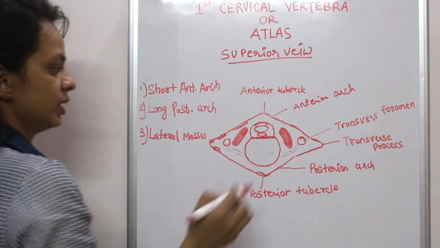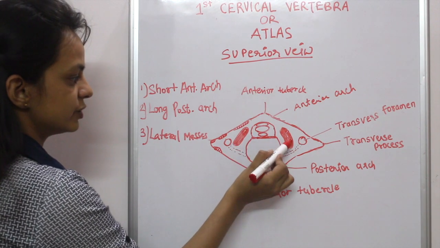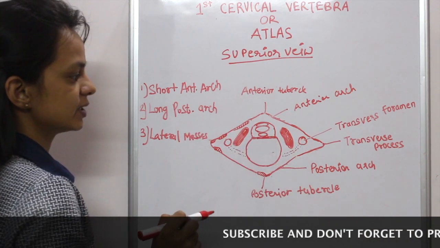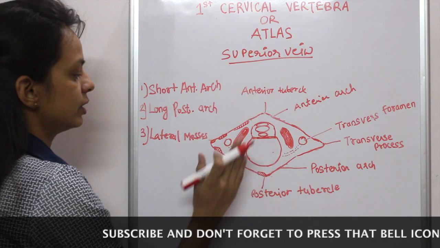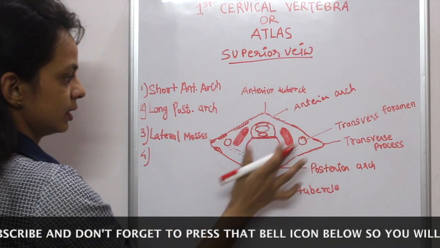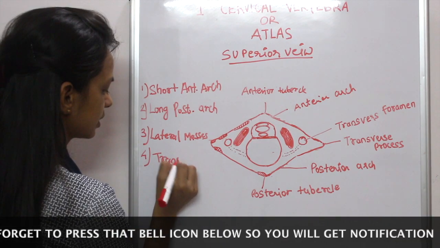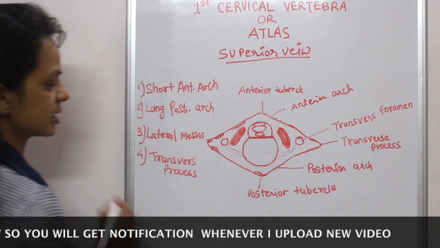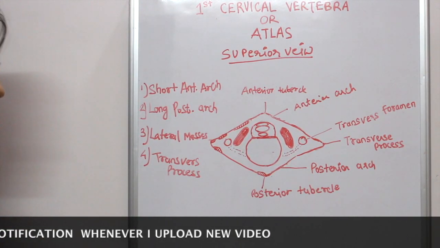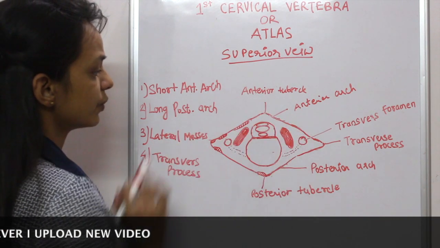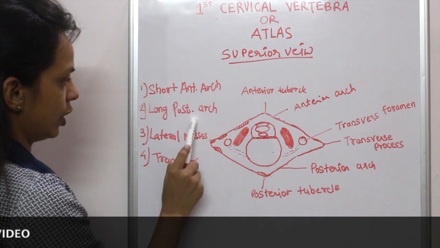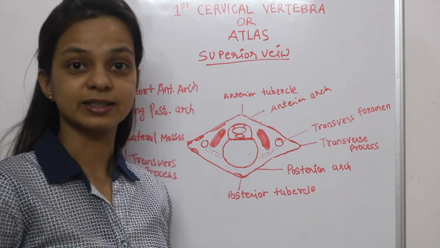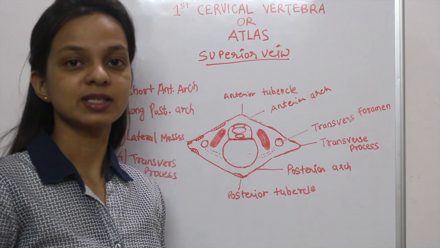The lateral masses include the superior facet, this groove, and this transverse foramen. And fourth is the transverse process. So the main four structures of the first cervical vertebra are: shorter anterior arch, longer posterior arch, lateral masses and transverse process.